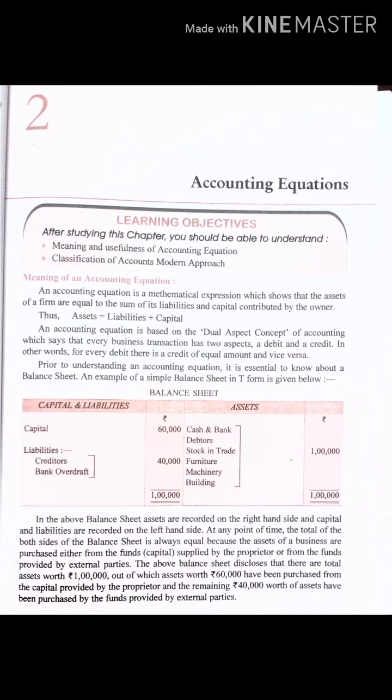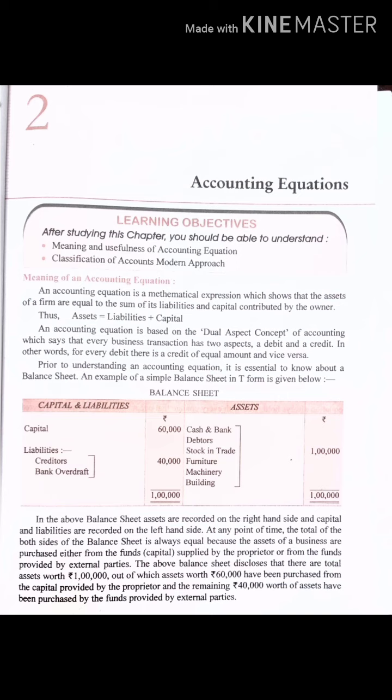You have purchased goods. Goods are coming to you in the business, right? So if you are purchasing goods, what are you giving? You are giving cash. If goods are coming, cash is going, right? So two aspects are there, coming and going.